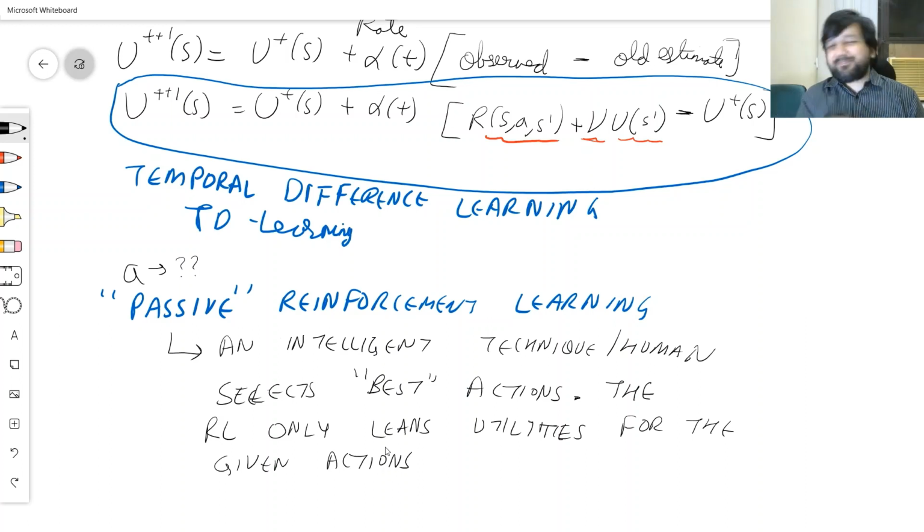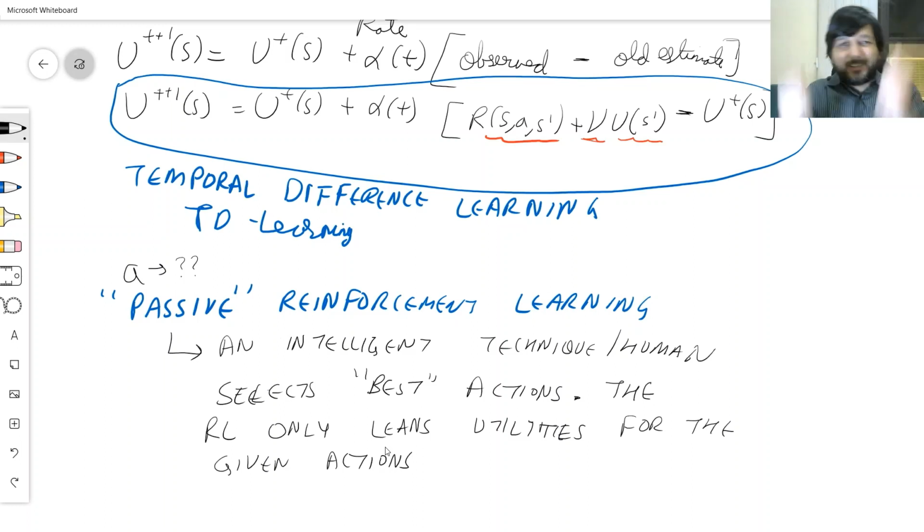So talking in easier language, what is passive reinforcement learning?